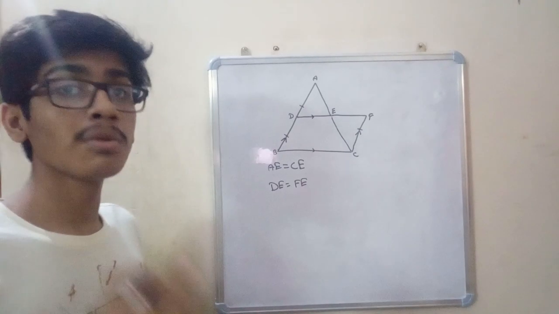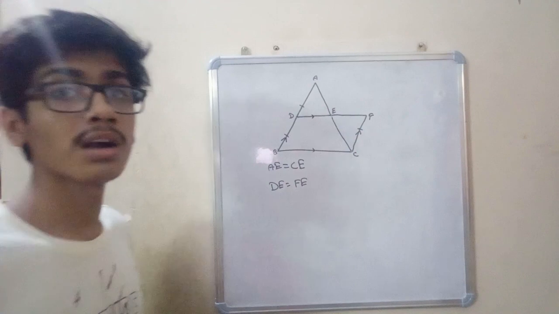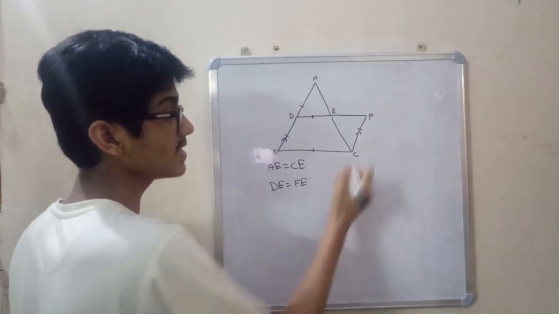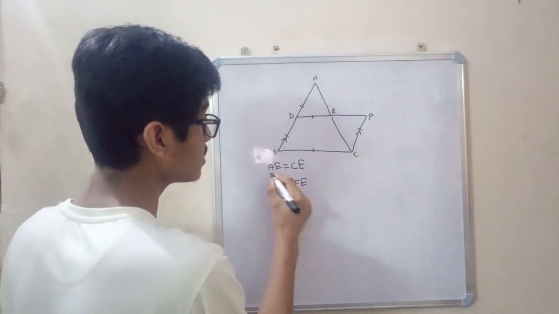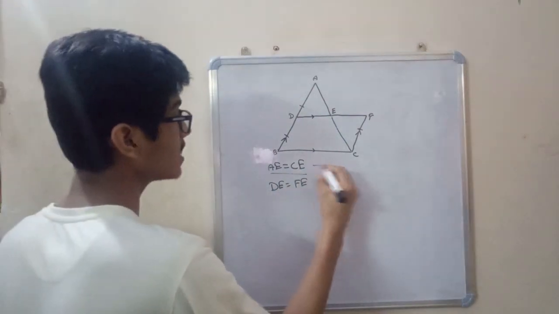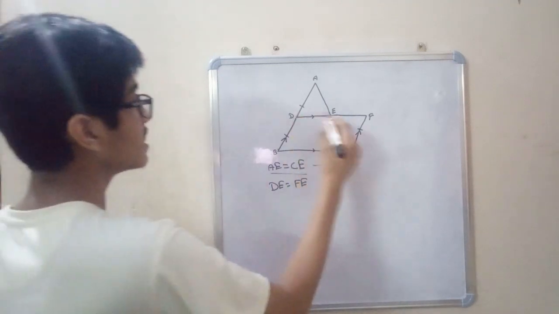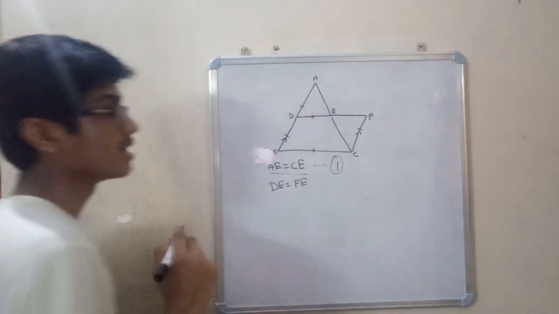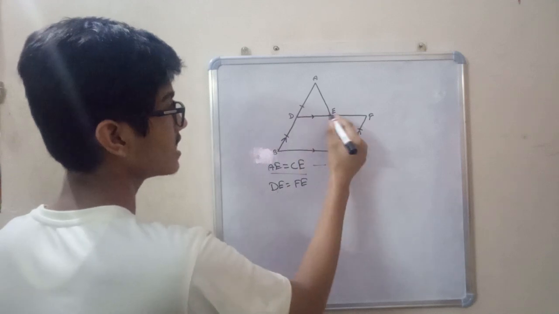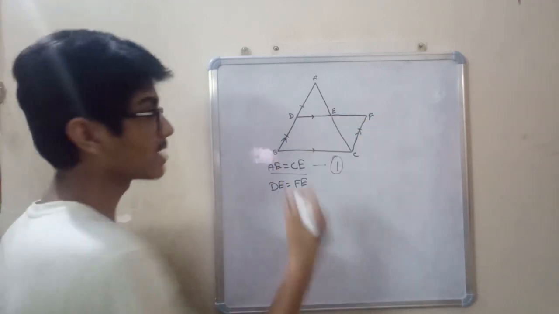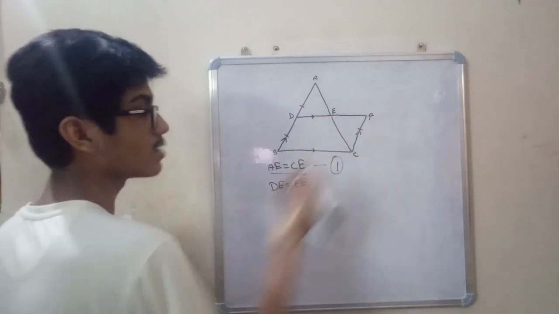Now just remember the first statement of the converse of the midpoint theorem, that E is the midpoint of AC, that AE is equal to CE. That means we have already proven the first part. Now the second part, that DE is equal to half BC. We have proven that DE is equal to FE and BDFC was a parallelogram, which means DF is parallel to BC.